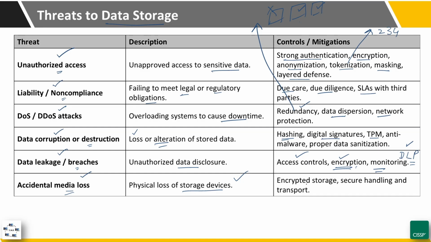Again, encryption. So as we can see, we have encryption in almost most of these mitigations and controls, because as we studied for data at rest or data storage, encryption is the most obvious or strong control. Then secure handling and transport of physical media to prevent its loss.